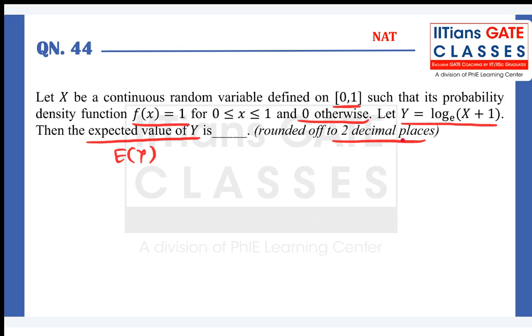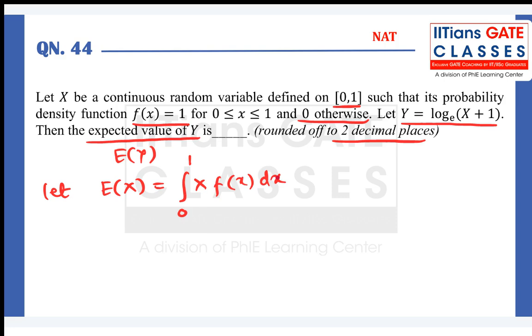what I mean by that is, let's say here they are asking for y, but if they were asking for expectation of x, then how do you do it? It is 0 to 1, because it is only non-zero in this region. Then you multiply x with f of x, dx.